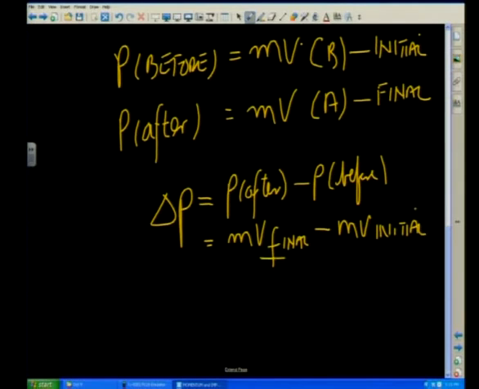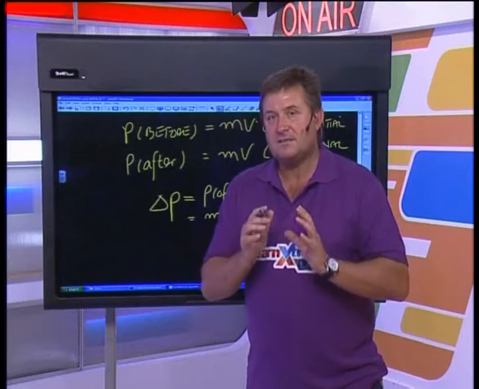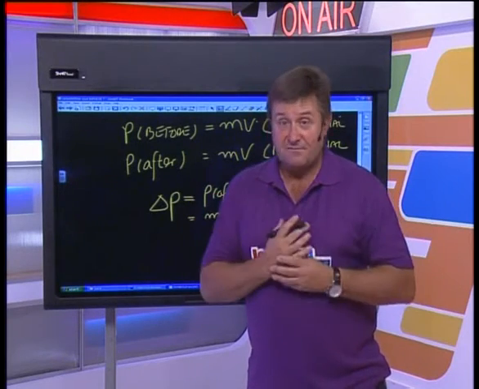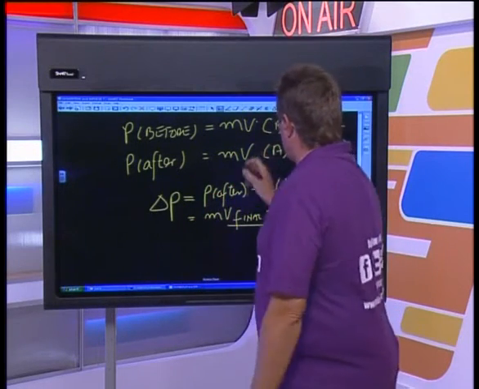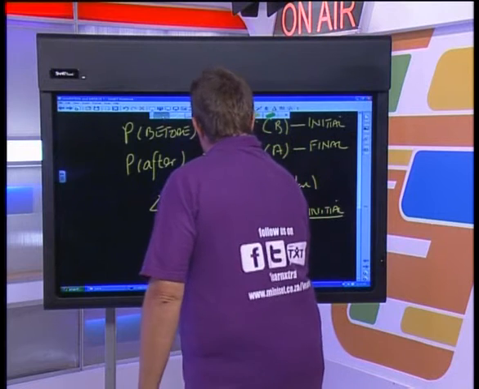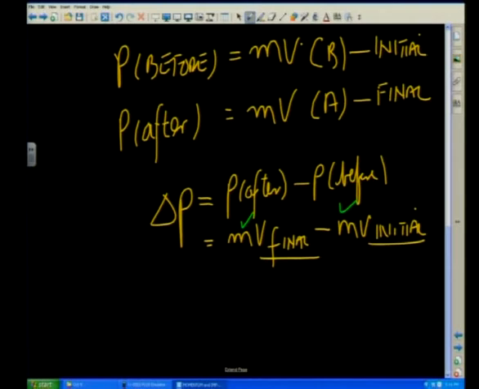If we have a look at that little equation, can you see now that we have a common factor that we can remove to simplify the equation? That common factor is the mass. So let's remove the mass. So delta P is equal to m, and all we have to say is v final minus v initial.